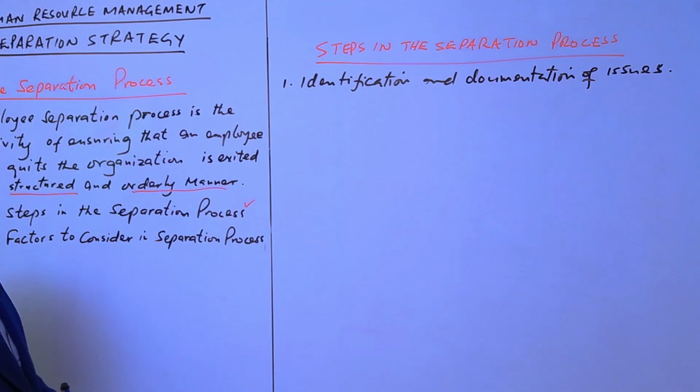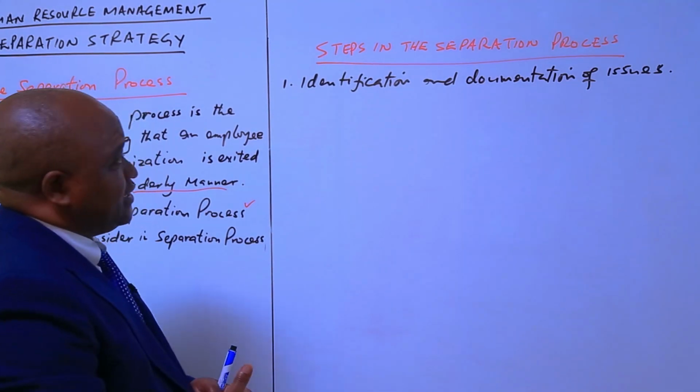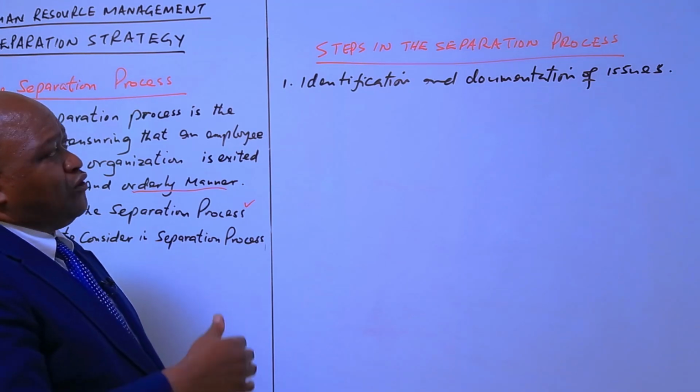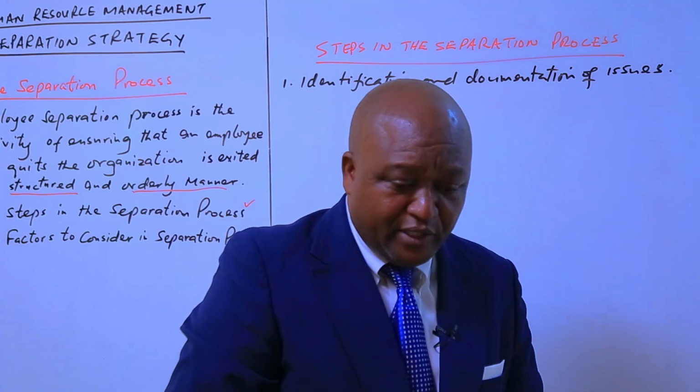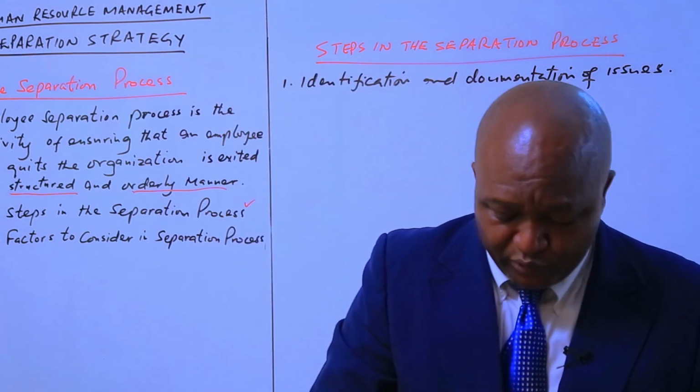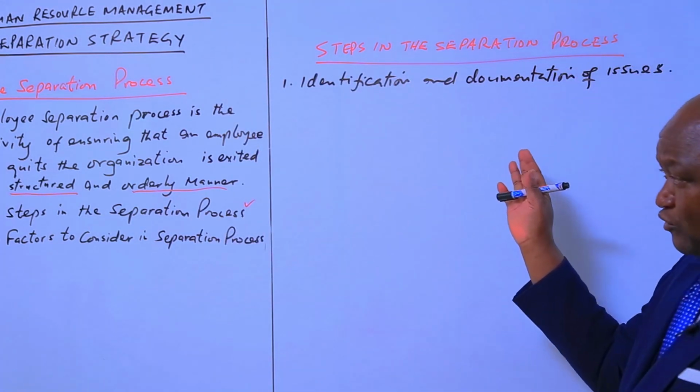In human resource management, that trail of documents is very important, because the decision to separate an employee from an organization sometimes may go the legal way, where an employee might argue the separation has not been done properly.